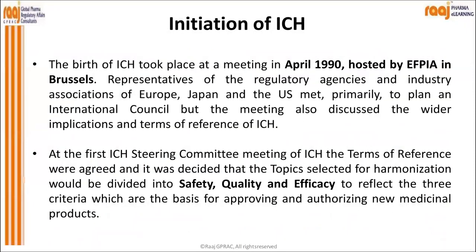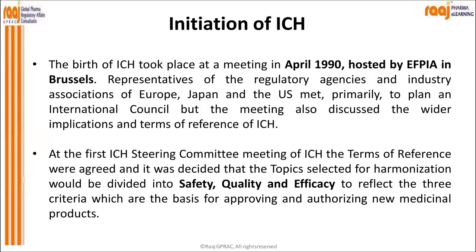Understood? The birth of ICH took place in April 1990, hosted by EFPIA in Brussels. Representatives of regulatory agencies and industry associations of Europe, Japan, and the US met primarily to plan an international council, but the meeting also discussed the wider implications and terms of reference of ICH.